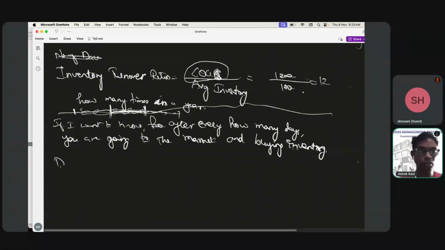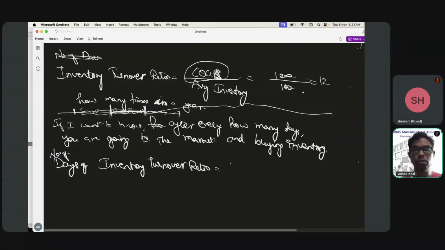So that means that is called as days of inventory receivable, or number of days of inventory turnover, is equal to 365 divided by inventory turnover ratio.